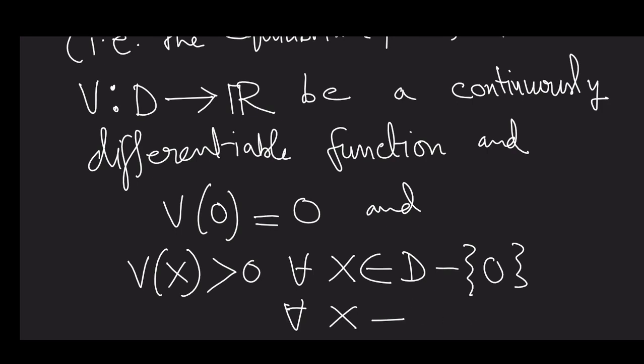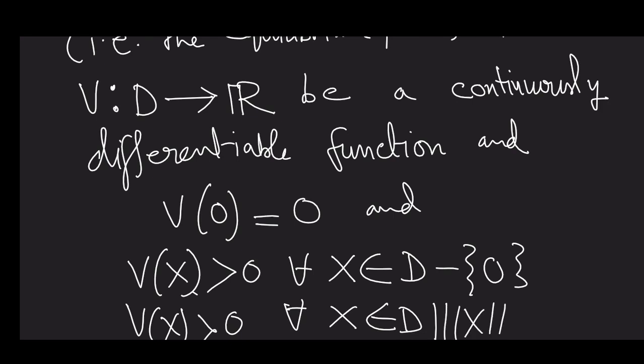Or you can restate this as V(x) greater than 0 for all x belonging to D such that norm x is not equal to 0. Both statements have identical meaning and equal impact on this definition. Basically, we are claiming V(x) is a positive definite function within our domain of interest D.